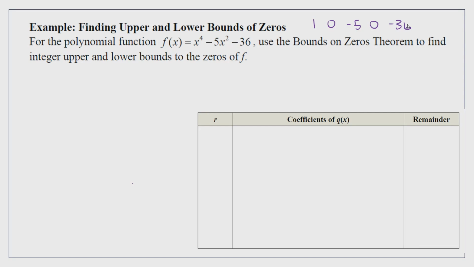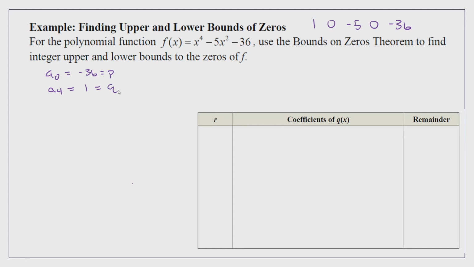Next, we need to test integer values with synthetic division. So what integer values are we going to test? Well, we're going to test those possible zeros. So our constant a sub 0 equals -36, which is p, and our leading coefficient is 1, which equals q.